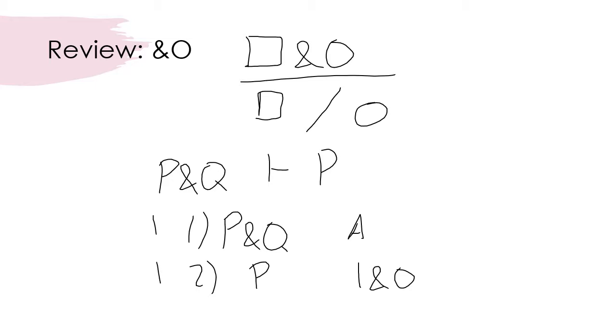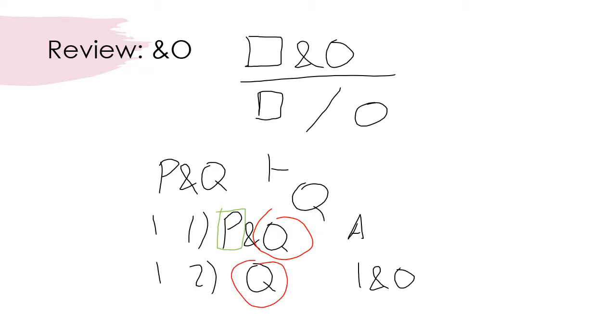And so this would be like my square. This would be like my circle. I don't do anything with my circle. That's okay. Say if I was wanting to do Q instead. Same exact proof, just different result.